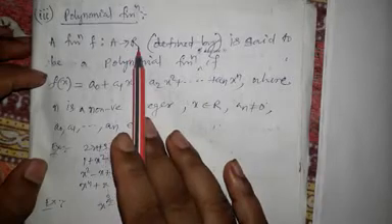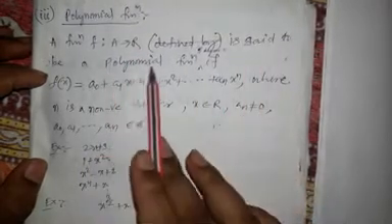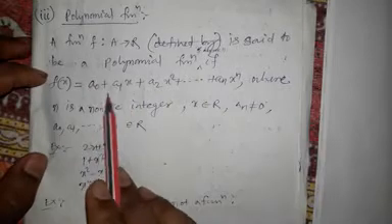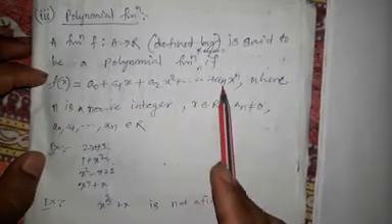Now polynomial function. A function f such that A to R is said to be a polynomial function of degree n if f of x is equal to a0 plus a1x plus a2x square plus dot dot dot an x to the power n, where n is a non-negative integer, x belongs to real number, and an is not equal to 0.